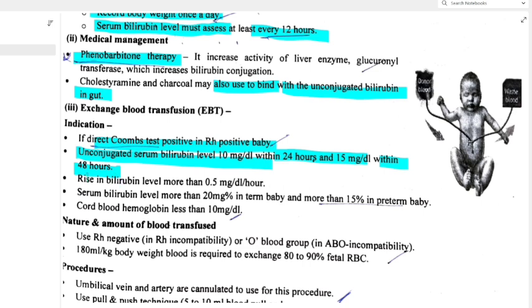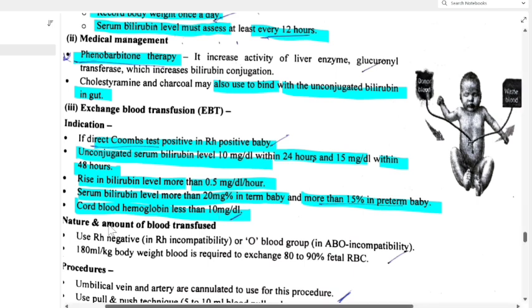Then a rise in bilirubin level of more than 0.5 mg per deciliter per hour, and serum bilirubin level more than 20 mg% in a term baby and more than 15 mg% in a preterm baby. Then we go for exchange blood transfusion. Cord blood hemoglobin less than 10 mg per deciliter. So these are all the indications for exchange blood transfusion.